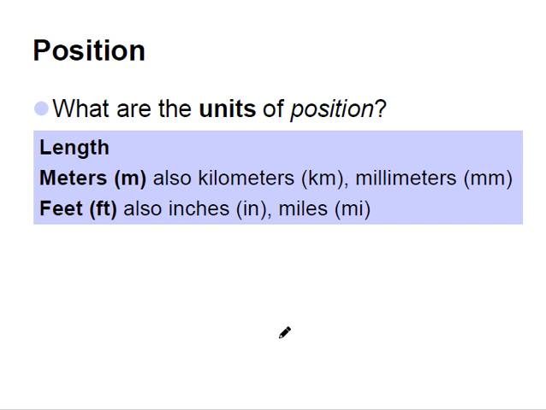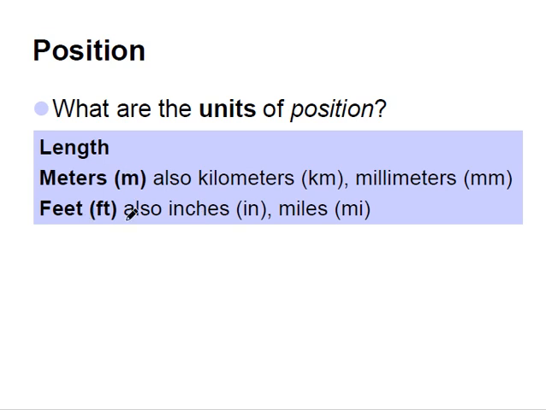So now we have studied what position is in dynamics. Since we have studied position, you need to know the units of position. We go back to length: your metric system, your meters, kilometers, millimeters.